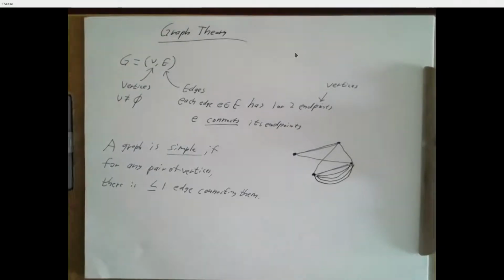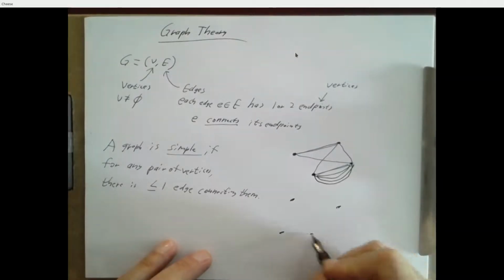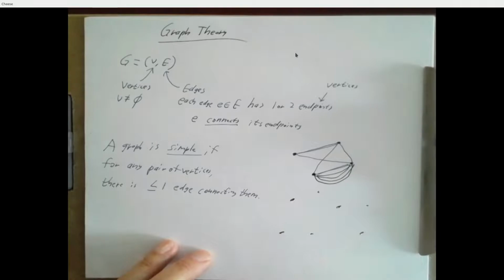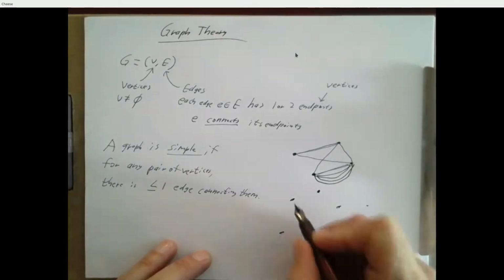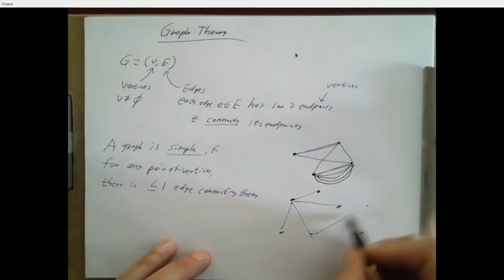So what are examples of graphs? Well, computer networks. So here's a bunch of connection points on the net, and there's connections between them.